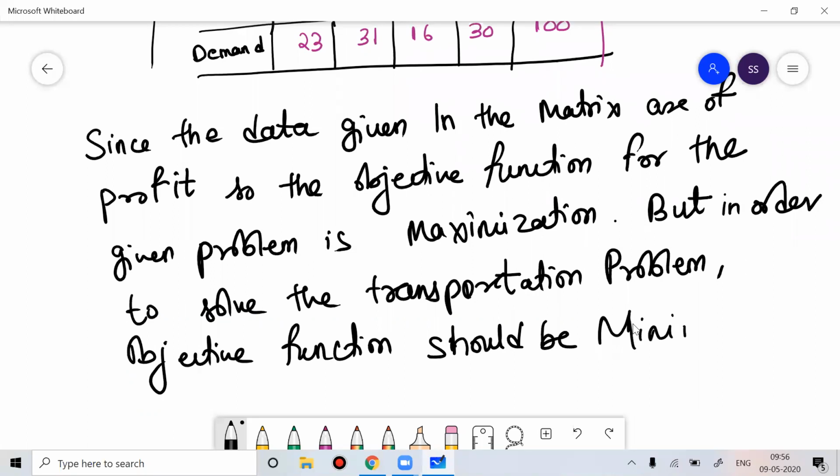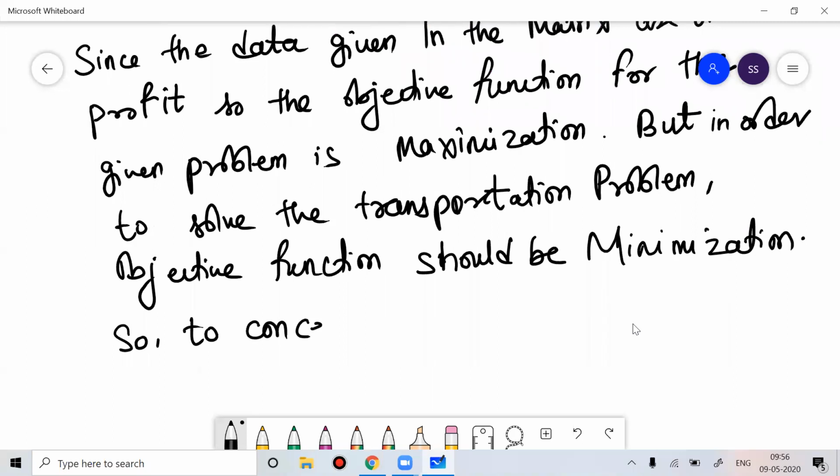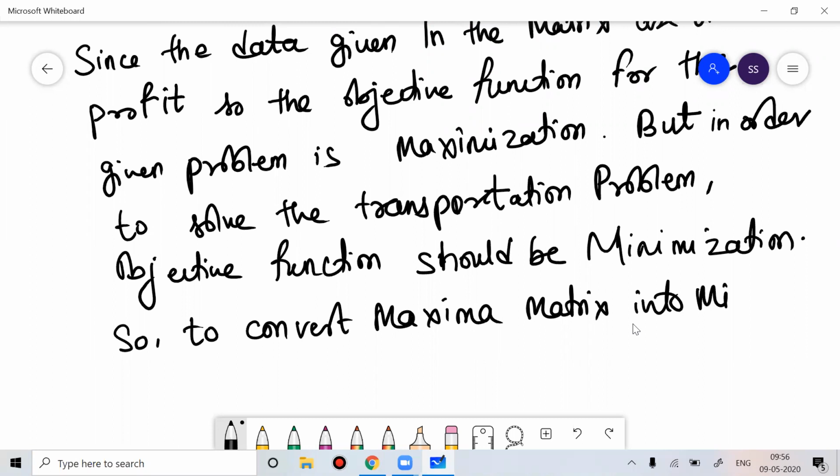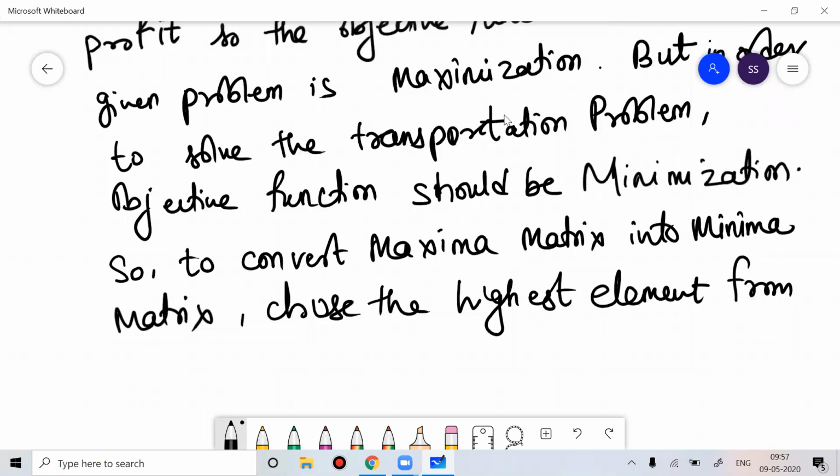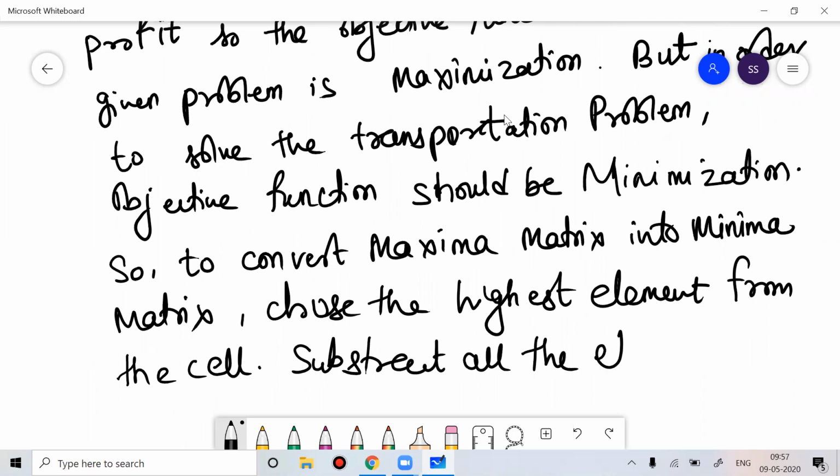So to convert the maxima matrix into the minima matrix, choose the highest element from the cells and subtract all the elements from the highest element.